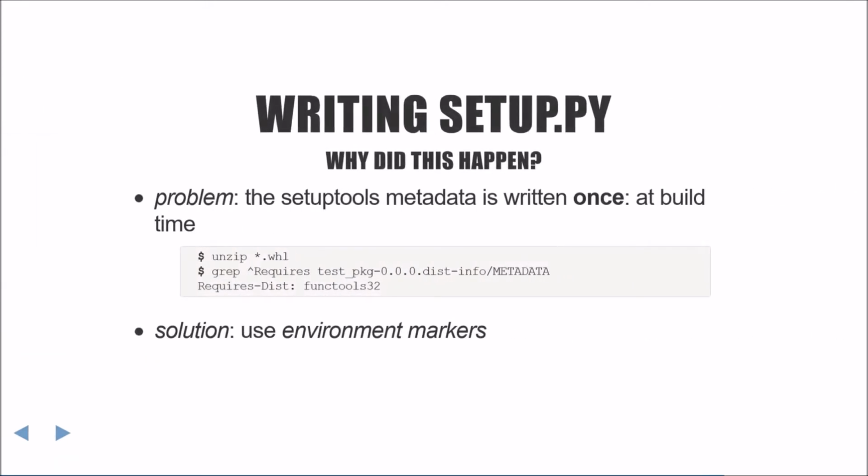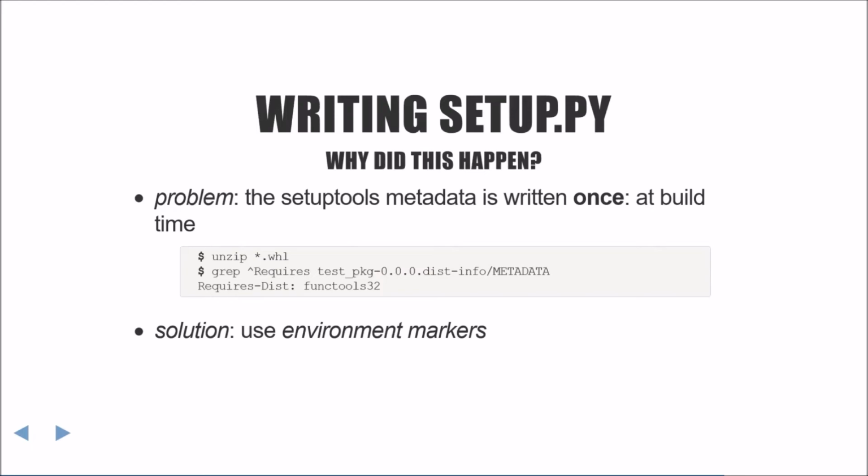The reason this happens is the setuptools metadata is written only once, at build time. This package was built using a Python 2 interpreter, so our branching code from before selected a hard-coded dependency on functools32. You can imagine a similar situation where you use a Python 3 interpreter to build a wheel, and you end up with a wheel that doesn't depend on functools32 at all, and would cause problems in Python 2.